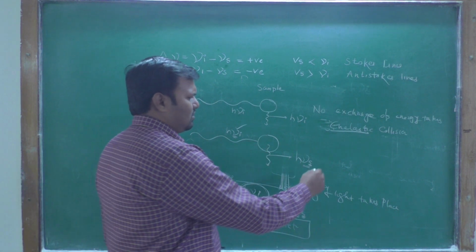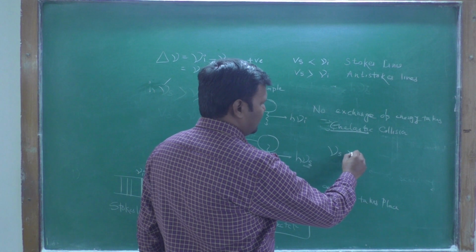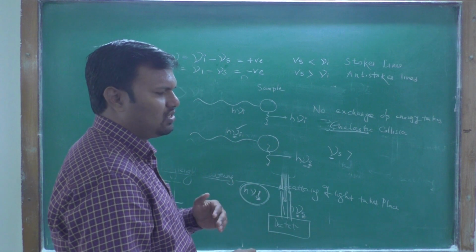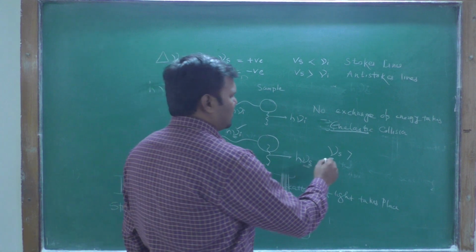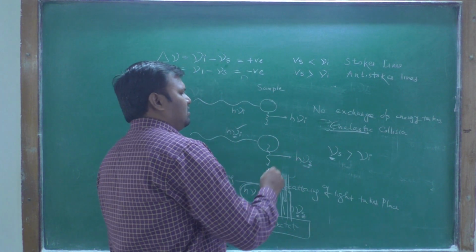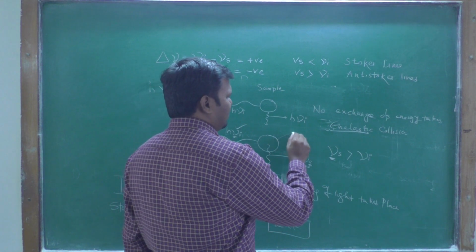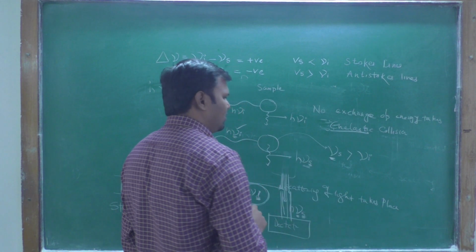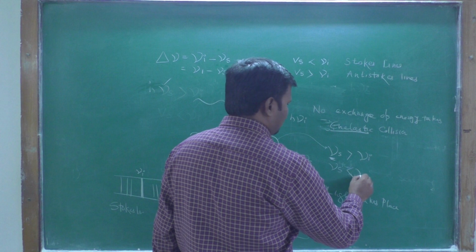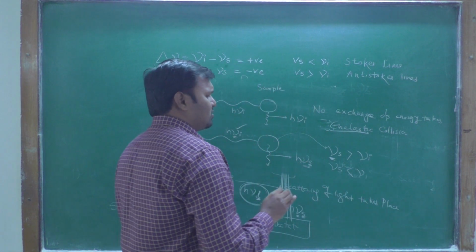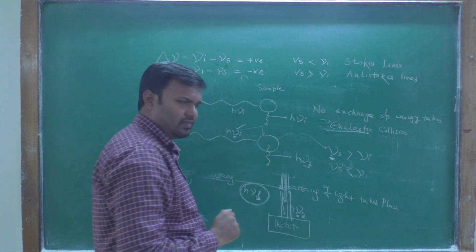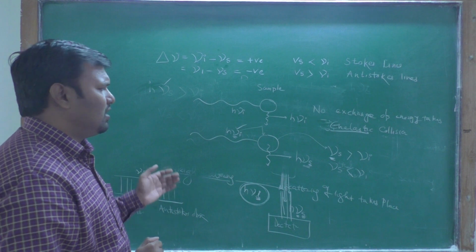Frequency and energy are directly proportional: if frequency is high, energy is high. If the scattering frequency is more than the incident frequency, some energy is given by the molecule to that photon, therefore its frequency increases. In the second case, if mu s is less than mu I, some energy is absorbed by the molecule. Such two situations are there.